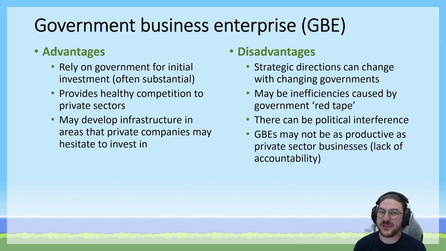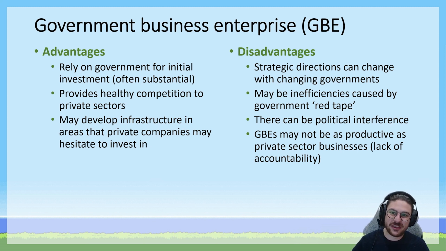And it may be very inefficient for a GBE to be operating within the sphere of government, because it's a bit of a stereotype that governments are wildly inefficient, and there's a lot of red tape or a lot of policy things that people need to deal with within government, and that might flow down into the administration of a GBE.